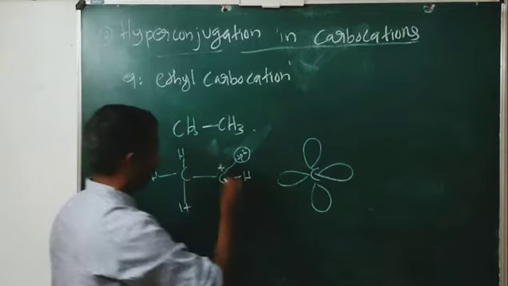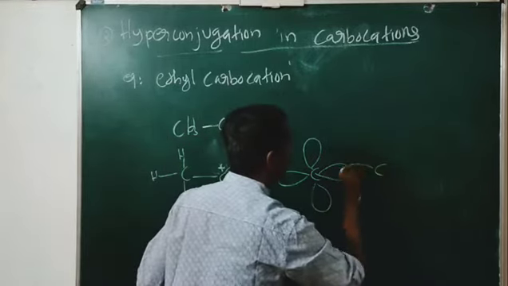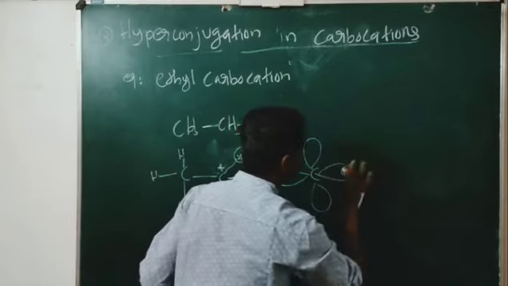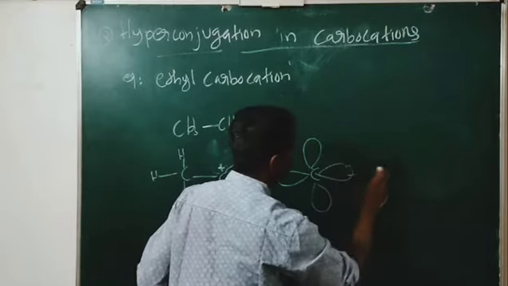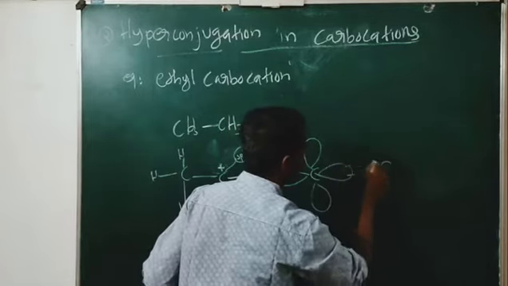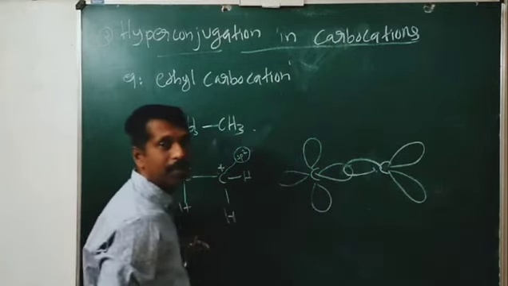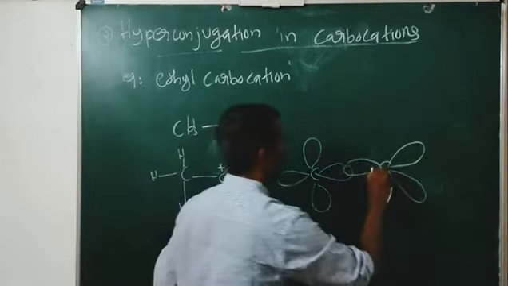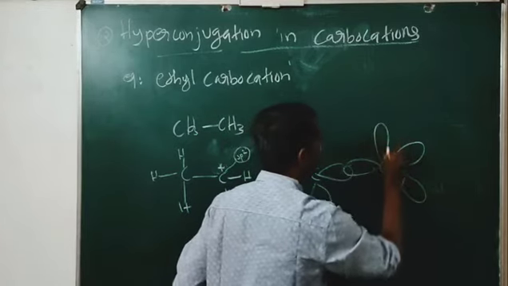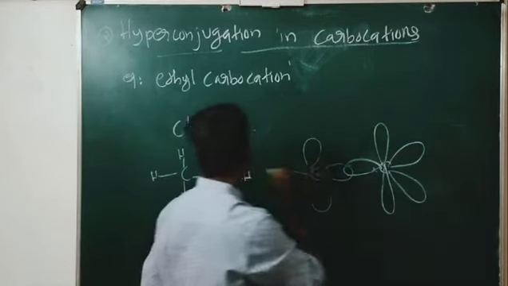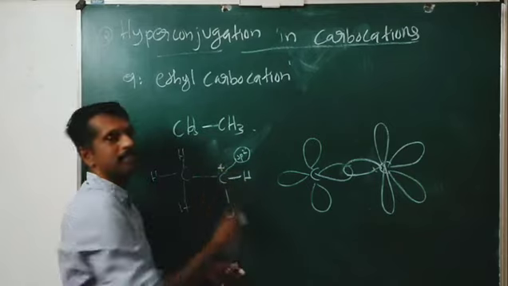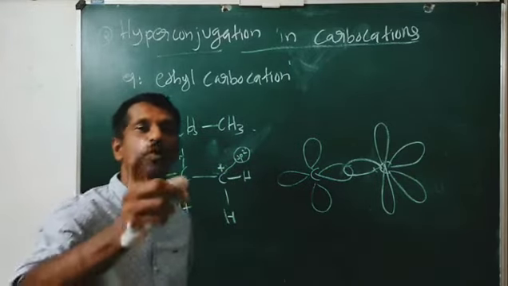This is sp2, which means there are three sp2 hybridized orbitals, and there is an unhybridized p orbital. This p orbital is vacant because C plus means the carbon lost one electron.